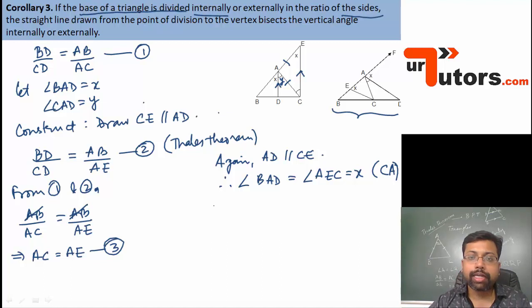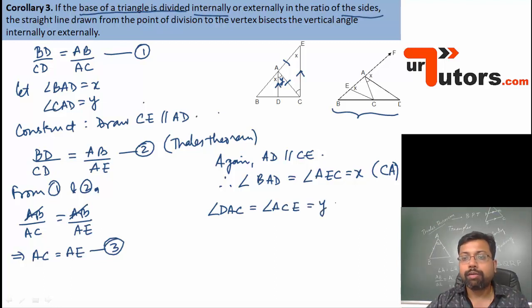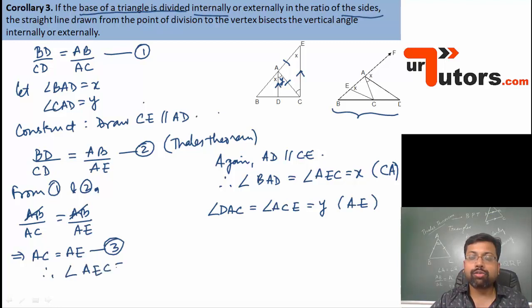And angle DAC will be equal to angle ACE equal to Y by alternate angles. Now from 3, AC is equal to AE, therefore angle AEC is equal to angle ACE. Let's call this equation 3 rather than this one.